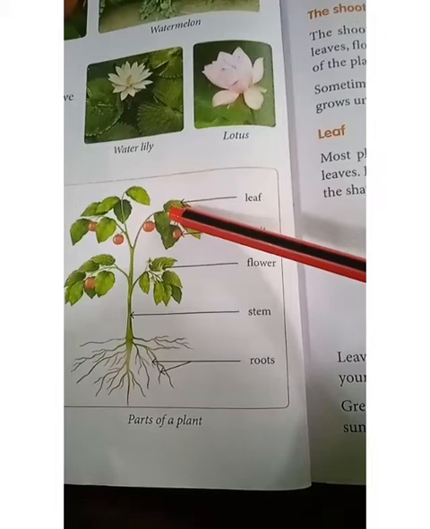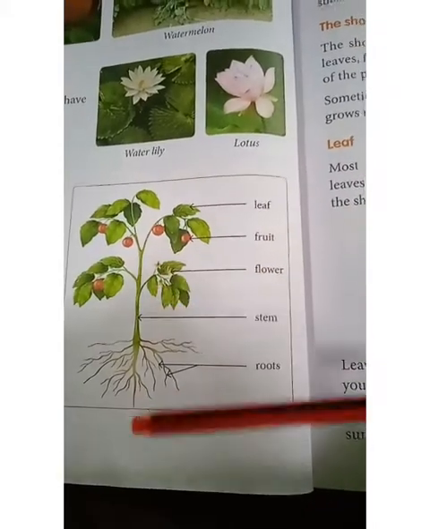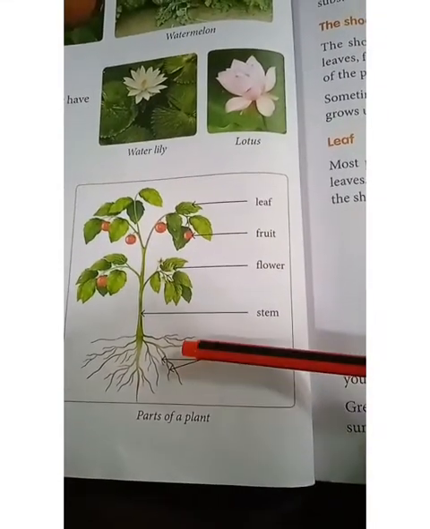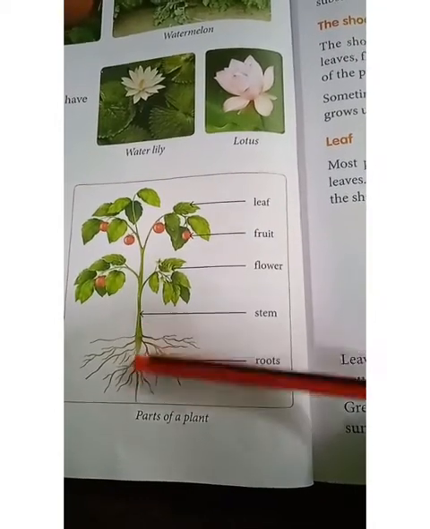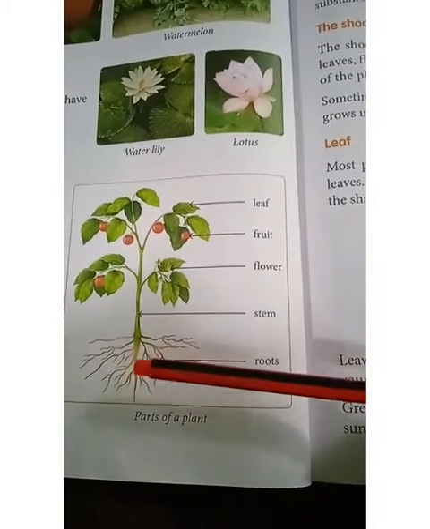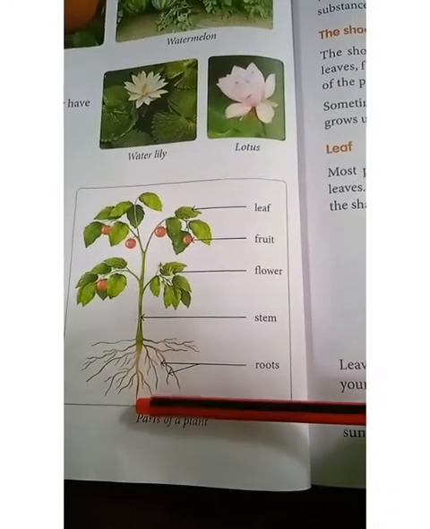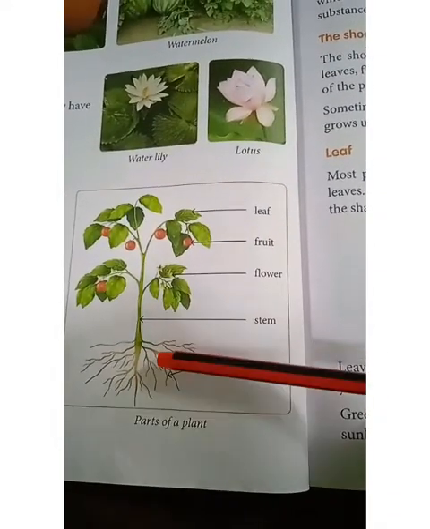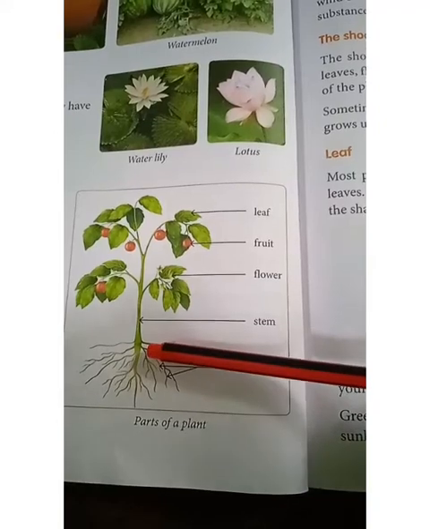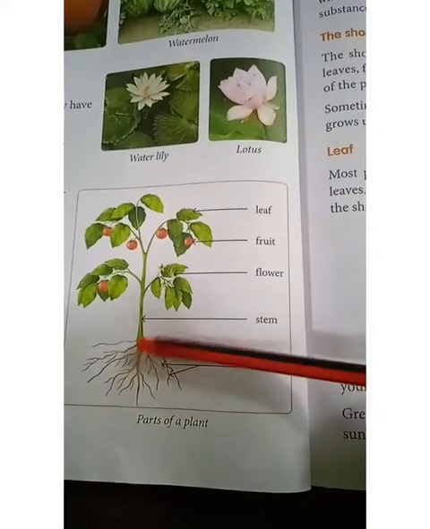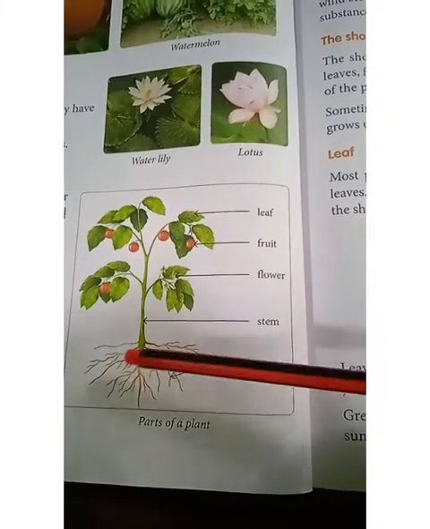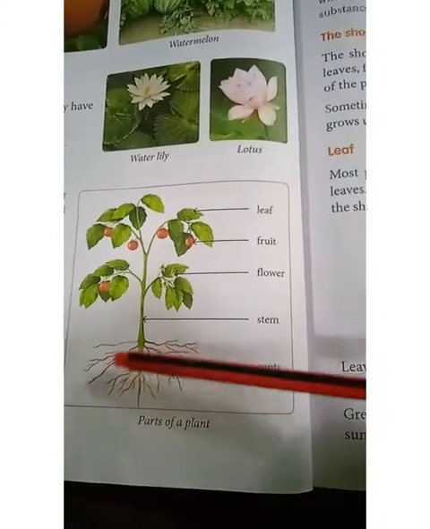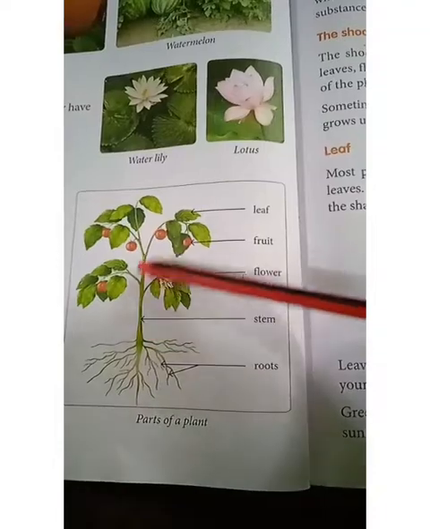It's called shoot. Some plants have one long main root, and then many smaller roots growing from it.